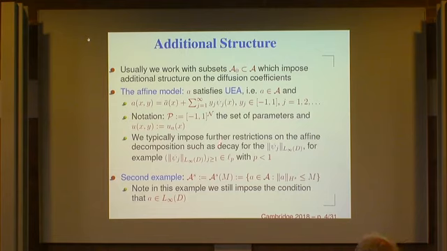One is this so-called affine setting, where you assume that the diffusion coefficients are some mean plus perturbations. And the yj's now are the parameters. And we can normalize them so that they lie in [-1, 1]. This is always possible. And here the psi j are some functions, maybe a Fourier expansion or some wavelet expansion, or polynomial expansion, whatever you have here, the psi j's.